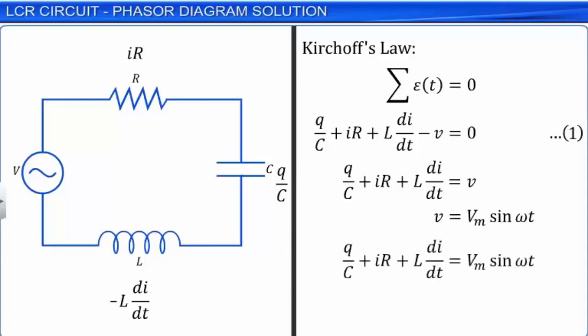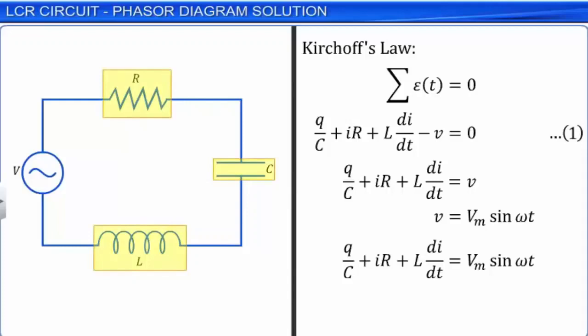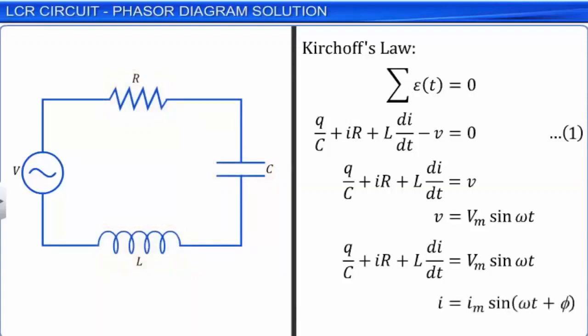As we know that the three circuit elements are in series, the current I through them is the same. Thus, we have I equal to Im sin (omega t plus phi), where Im is the amplitude of the AC current in the circuit, omega is the angular frequency, and phi is the phase difference.